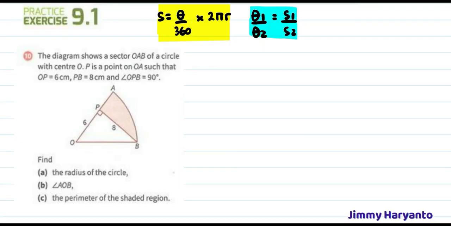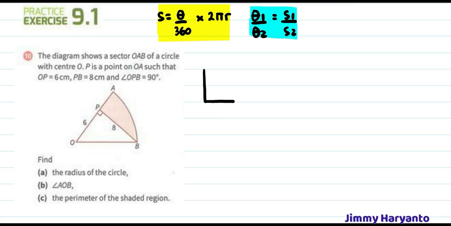Okay, next is question 10. For this one, the question wants you to find the radius of the circle. The radius of the circle can be found by using this triangle. This triangle is 90 degrees, that means it's a right triangle, and if it is a right triangle you can use Pythagoras theorem, right?